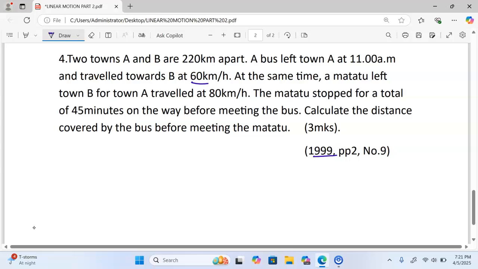We can start by sketching the diagram here. We have two towns A and B, and we have been told that the two towns are 220 kilometers apart. We have a bus moving from town A at exactly 11 a.m. and it is moving at a speed of 60 kilometers per hour.